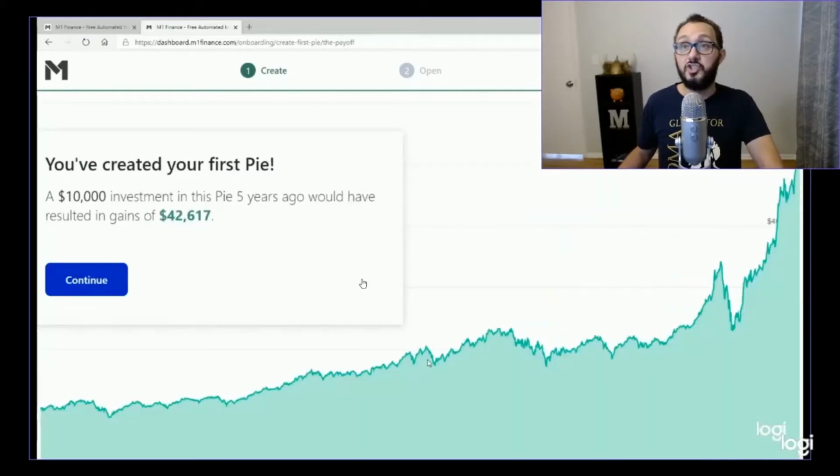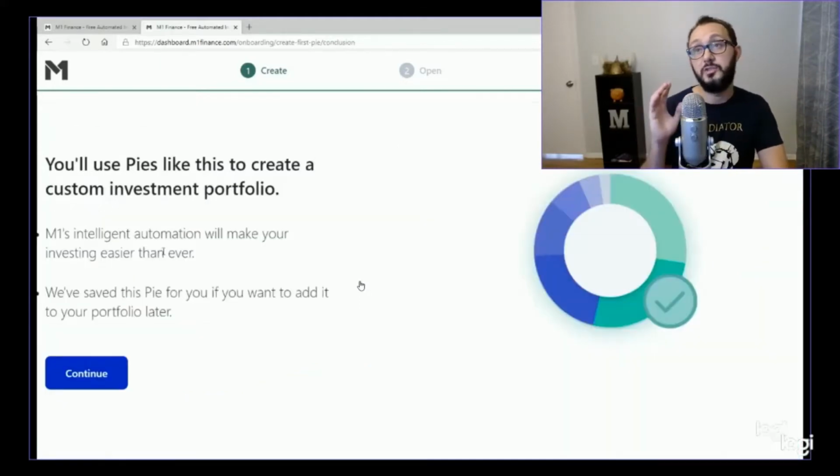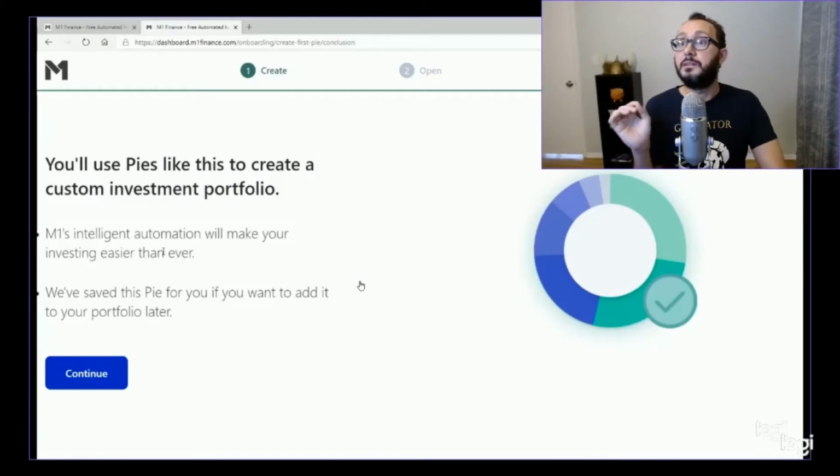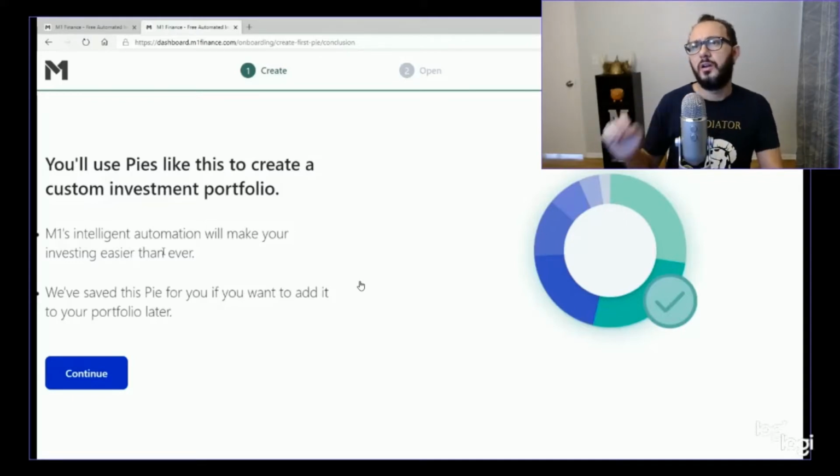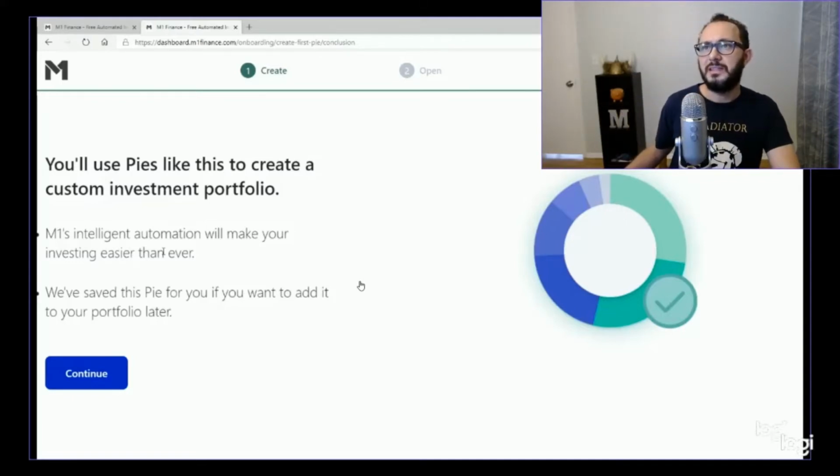The next message I got was you've created your first pie. A $10,000 investment in this pie 5 years ago would have resulted in gains of $42,617. Jesus, almost $50. Then it says you will use pies like this to create a custom investment portfolio. M1's intelligent automation will make your investing easier than ever.